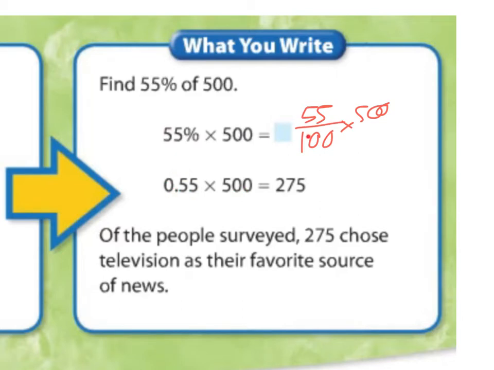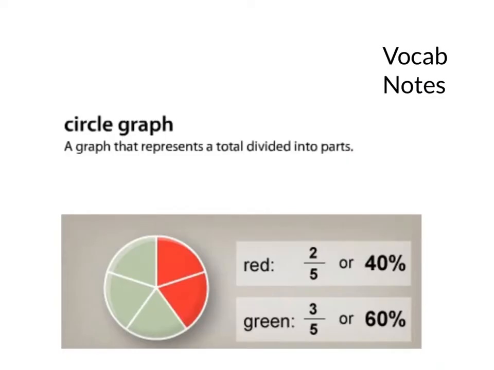Well, this is 55 hundredths, and this is also 55 hundredths of 500. When you multiply that out, you get 275, which means that 275 people chose television as their favorite source of news. Here's your vocab note. Please write this as well as making a graph, writing your information here. We will move on in 3, 2, 1.